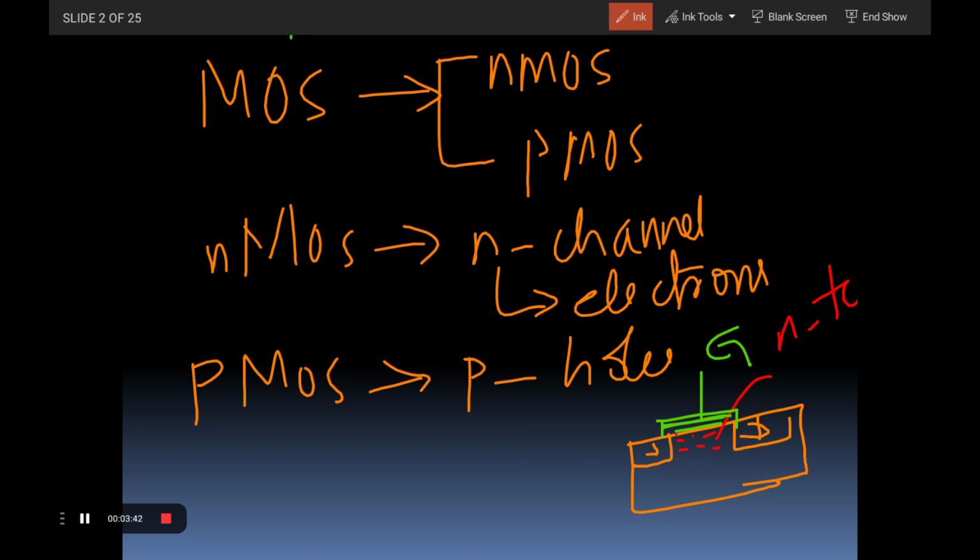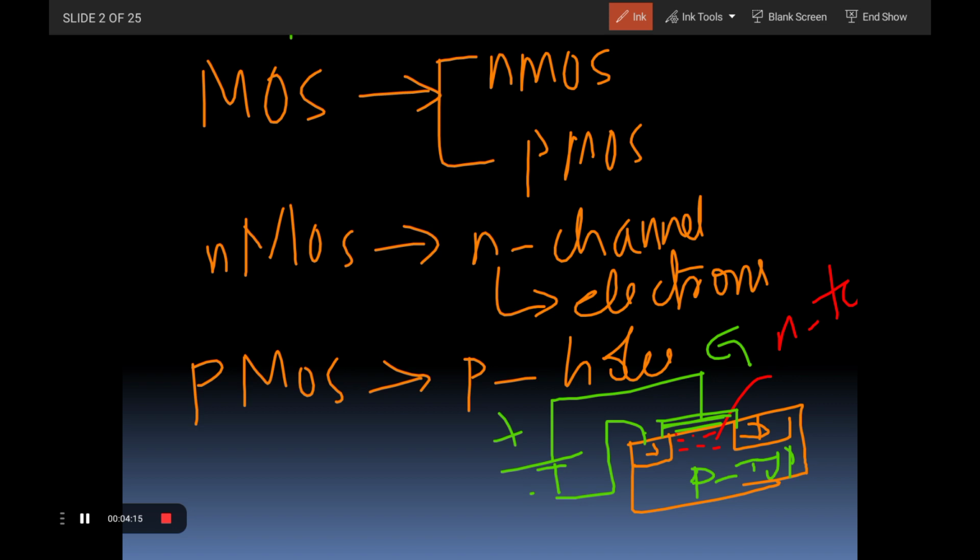Obviously, suppose this is a p-type material. In a p-type material, majority charge carriers are holes and minority charge carriers are electrons. So whenever the gate terminal is connected positive with respect to the source terminal, the positive voltage attracts the electrons, the minority charge carriers of the p-type substrate.